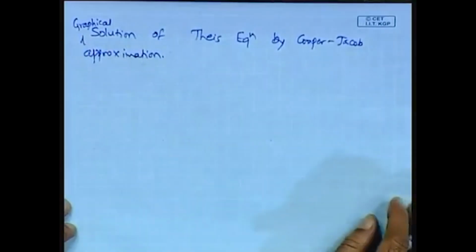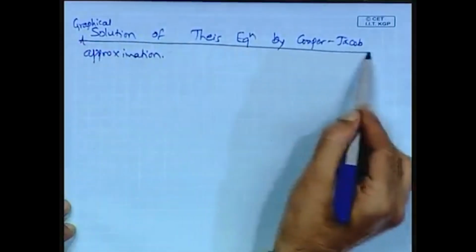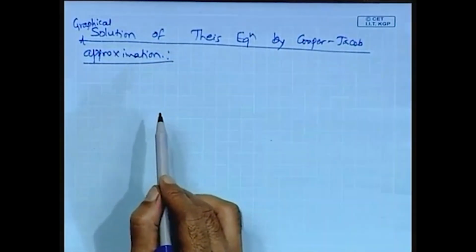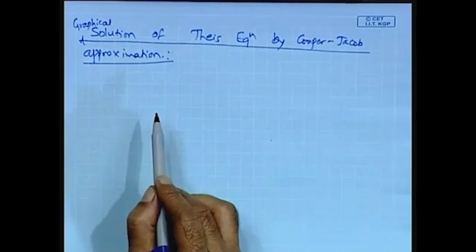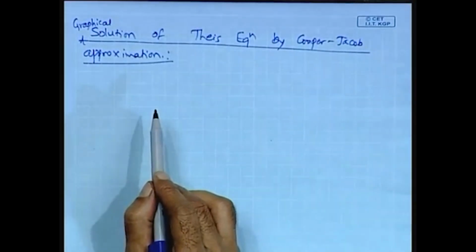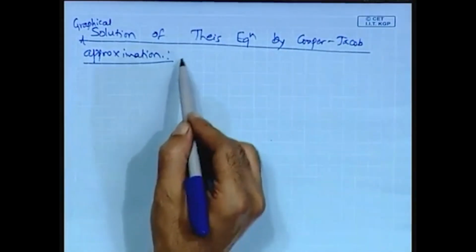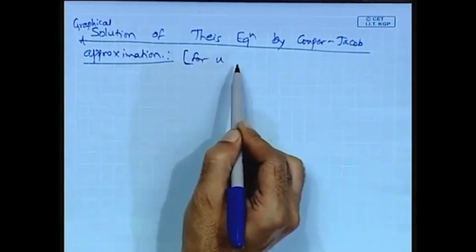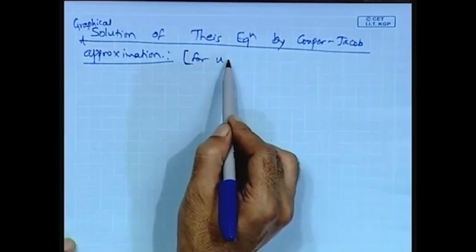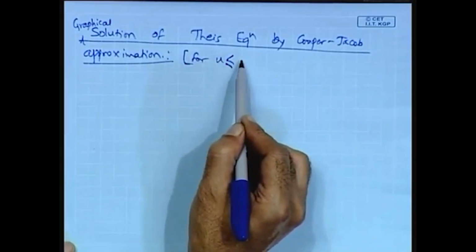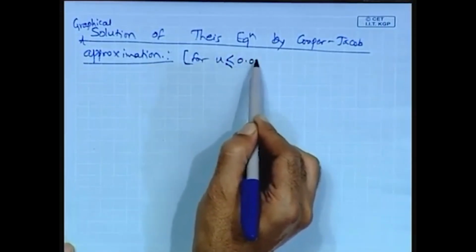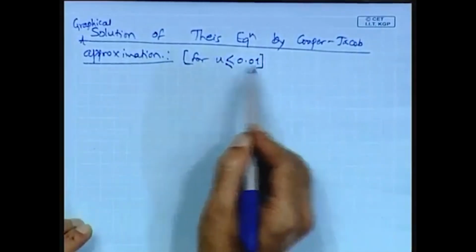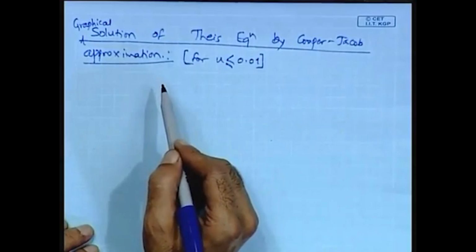Of course, this has some limitation for u, the well function parameter, which must be less than or equal to 0.01. So, in such cases only this approximation can be used.